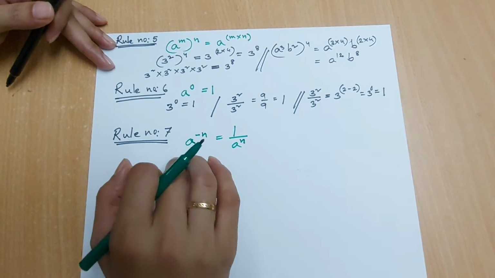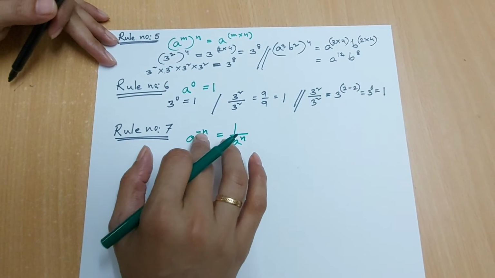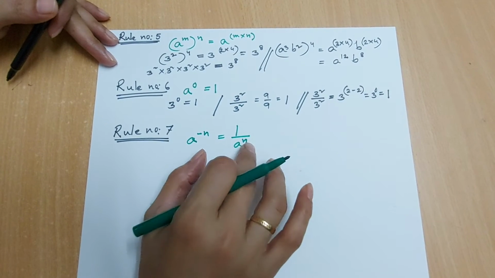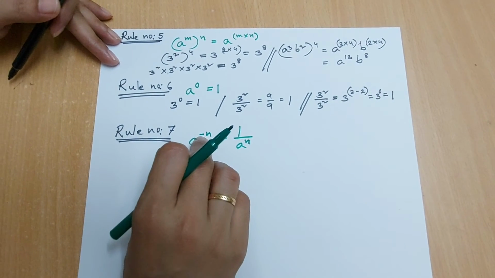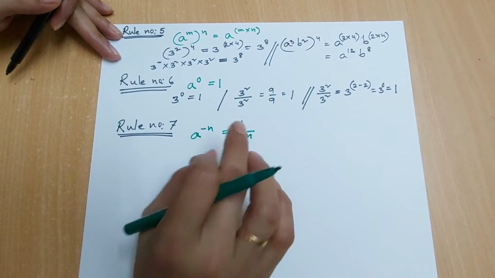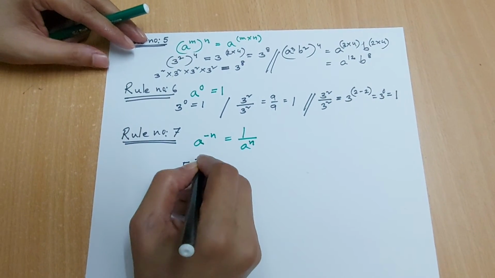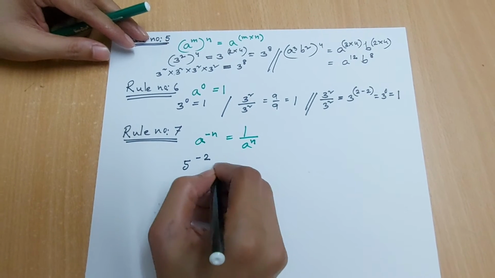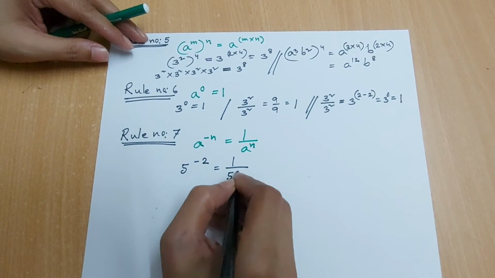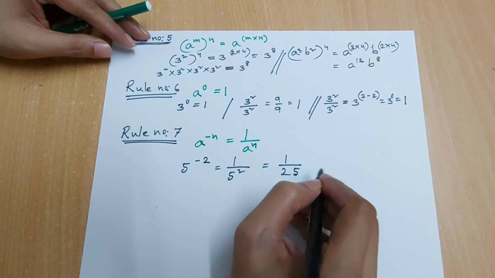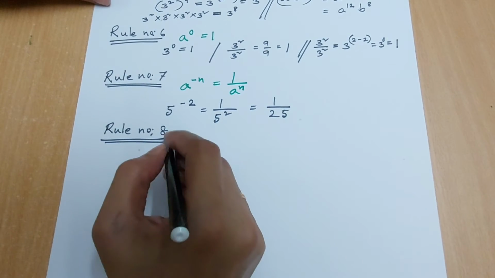I repeat, when the base has a negative index, then the base will become a denominator with a positive index. It is negative n and this is positive n. For example, here 5 power negative 2 equal to 1 by 5 square equal to 1 by 25, and it is the result.